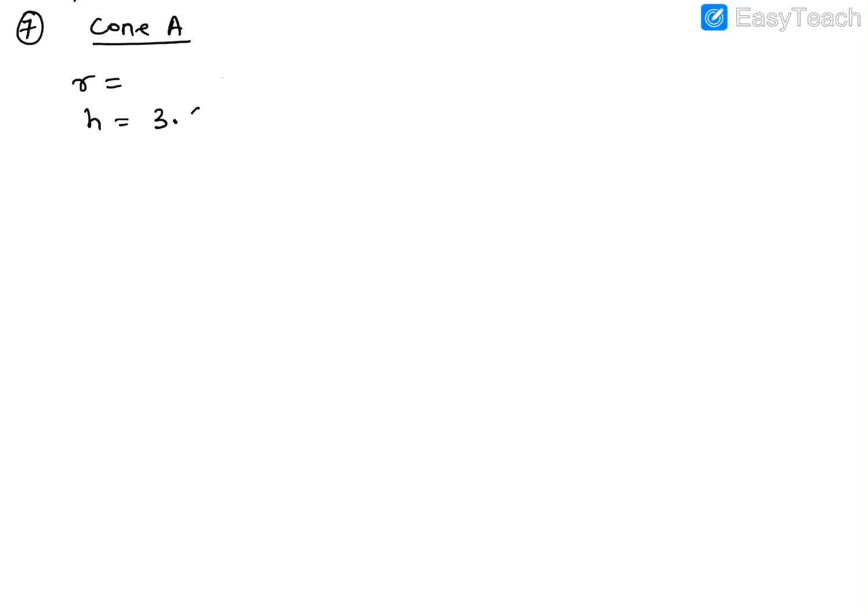Height is given as 3.6 centimeter, and the radius is given as 1.6 centimeter. It is melted and recasted. Okay, underline the keywords melted and recasted into another right circular cone with radius of its base as 1.2 centimeter, and its height is equal to question mark.